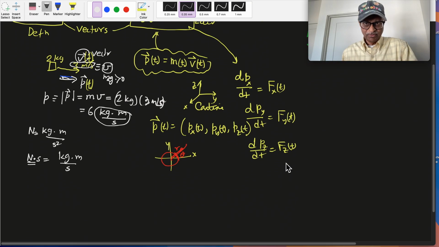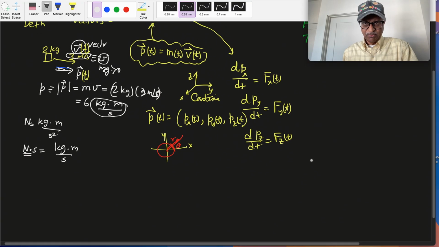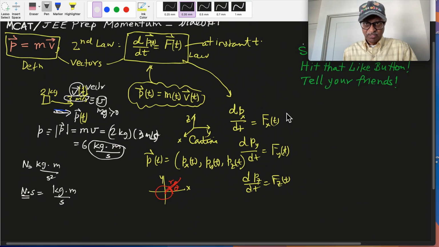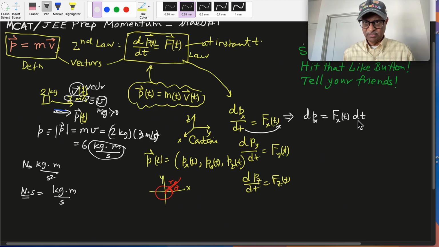So we have these three equations. If you do a little bit of calculus, this can go on the other side, and so you have dpx equals fx at time t dt.